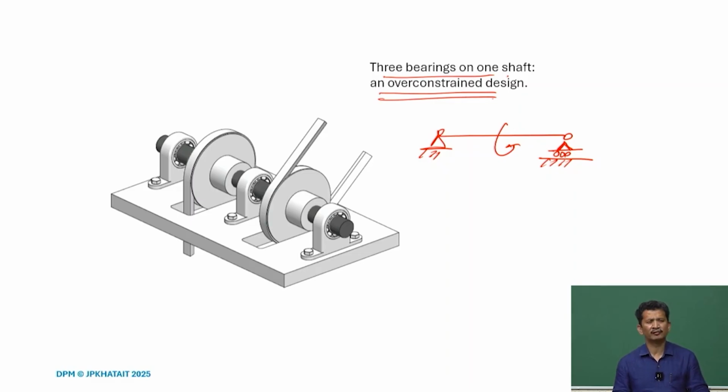On the other hand, if we try to put the bearings, we realize that it is very difficult to align them in one line. There will be a lot of tolerancing here, here, in all the places.